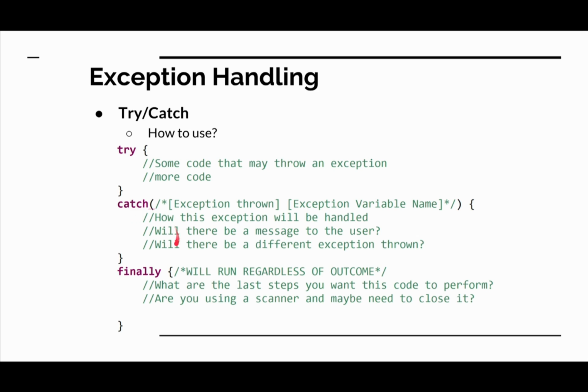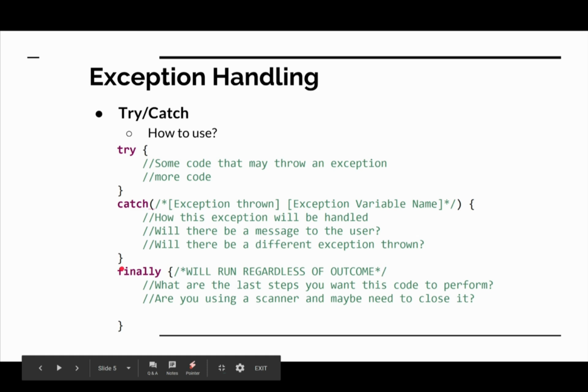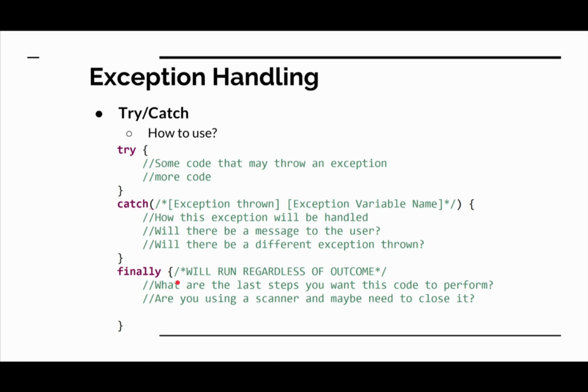Are you going to send a message to the user, or will you throw a different exception? What is your plan here? And finally is used if you have, like, a scanner, and it's the very last thing you want to perform, right? So maybe you have a scanner and you want to close it. That's the only example I can think of.